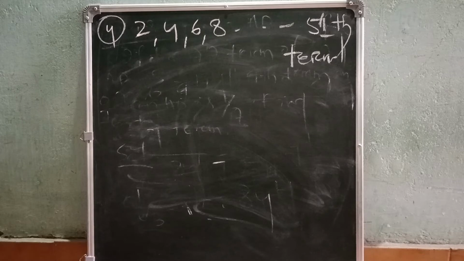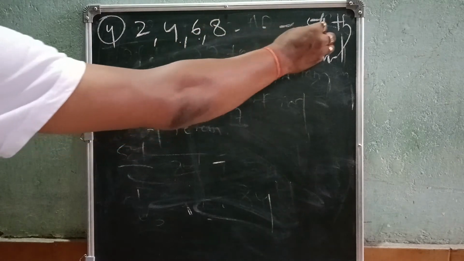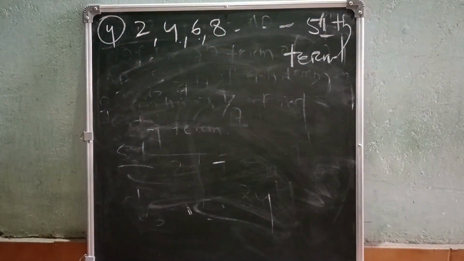So what is the value of the 51st term? 2, 4, 6, 8, up to the 51st term, not 51. The value is not 51. What is the 51st term?